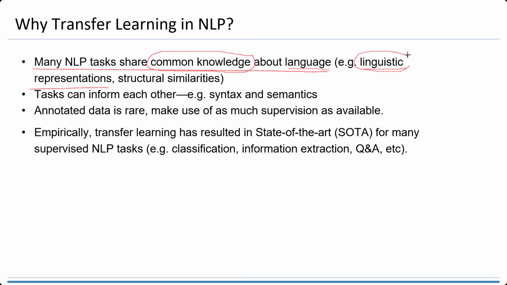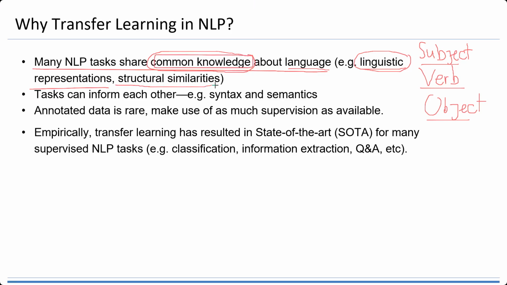The linguistic representation means every sentence has a subject, and then a verb, and an object. If every language has this kind of representation, then we can try to discover the common knowledge between the languages.